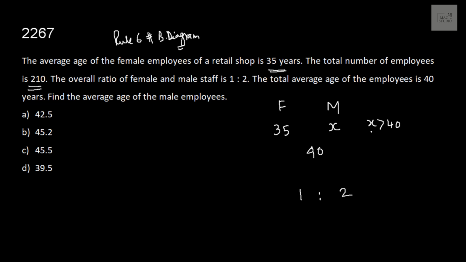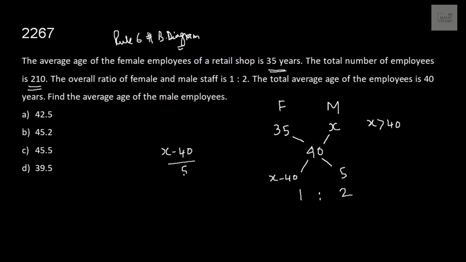Then only the average of 35 and something greater than 40 would be 40, isn't it? Distance between 40 and 35 is 5, and distance between X, which is more than 40, is X minus 40. Now we can solve this.